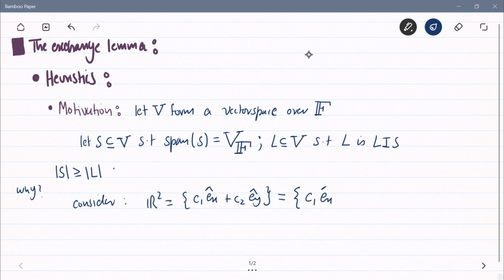For our purposes, we will just add one to make a point. See, if this spans R2 and this spans R2, the only difference between the two is that this one is a linearly independent subset and this one is not a linearly independent subset because of this vector.